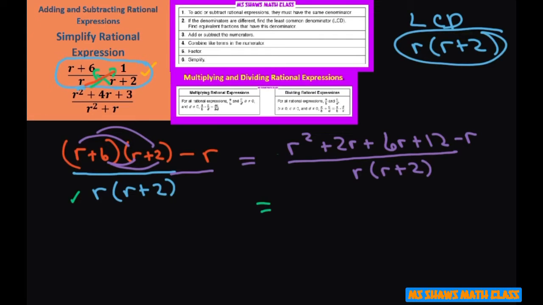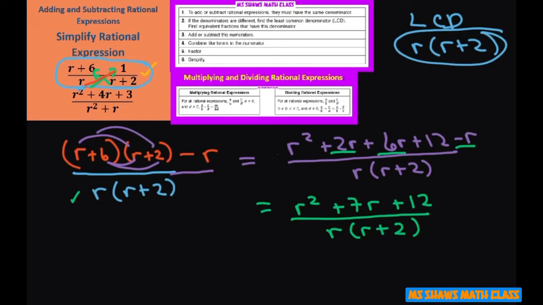Now simplifying further, we have r squared, and 2r plus 6r is 8r, minus r is 7r, and then plus 12, divided by r times r plus 2. All right, so that's the numerator.